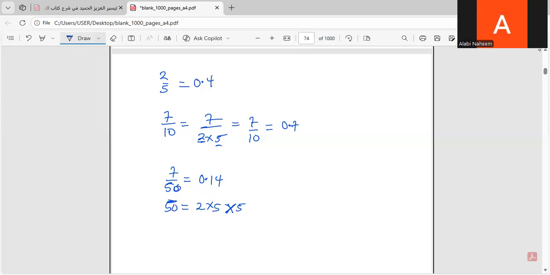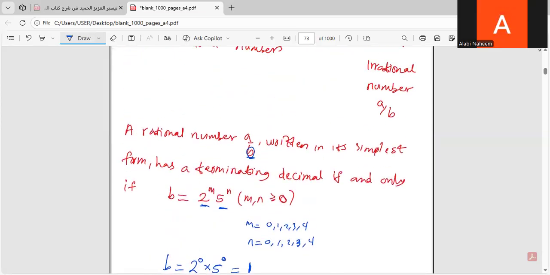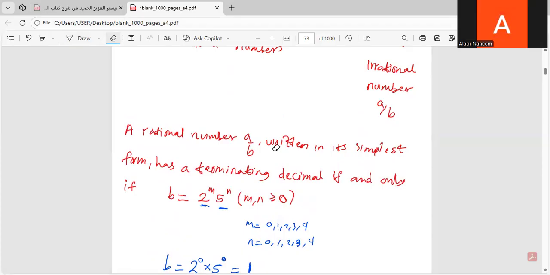And remember we said, take note of these points in the principle: in its simplest form. That's very, very important. I'll explain what that means shortly.